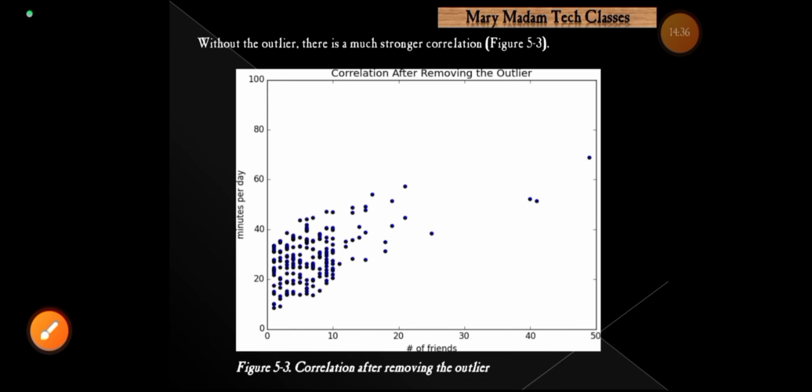Do you observe the two diagrams, without outlier and with outlier? Without the outlier, the correlation is much stronger.